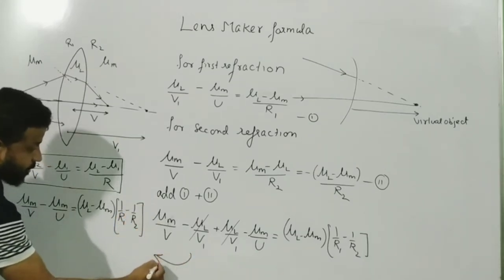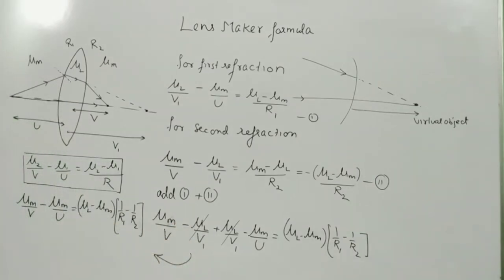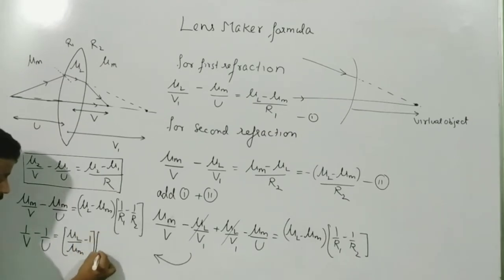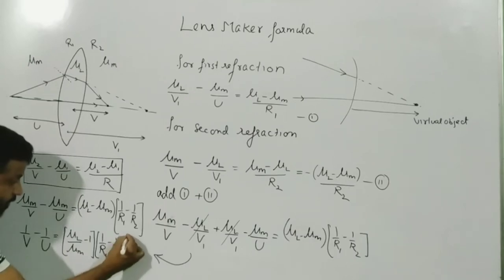From here it goes over here. And this will finally give you 1 by V minus 1 by U equals, now you can take this mu m on that side, so this will look like mu L by mu m minus 1, into 1 by R1 minus 1 by R2.